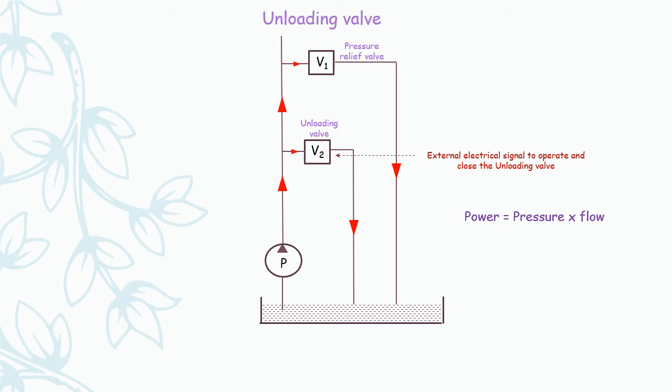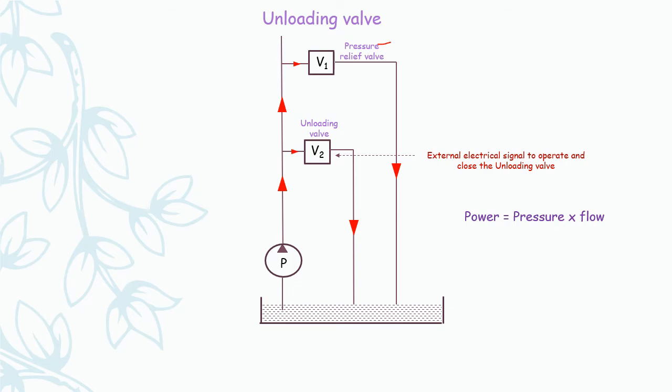So now we'll move on to the next type of pressure control valve, that is unloading valve. A simple circuit of how unloading valve is used is shown to you. The working principle of unloading valve is same as that of pressure relief valve. Even for counterbalance valve it was same, even here it is same, but here the unloading valve mainly operates by external electrical signal.